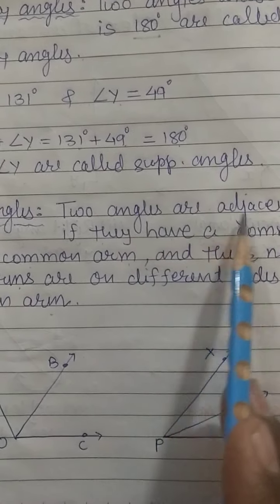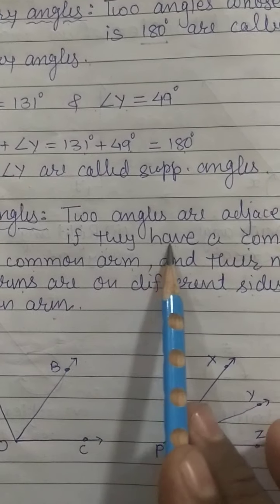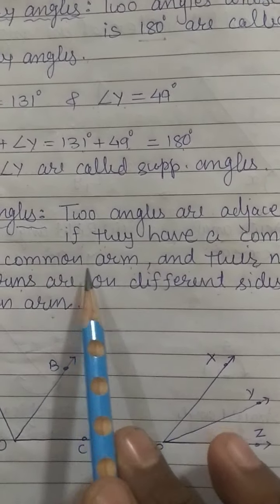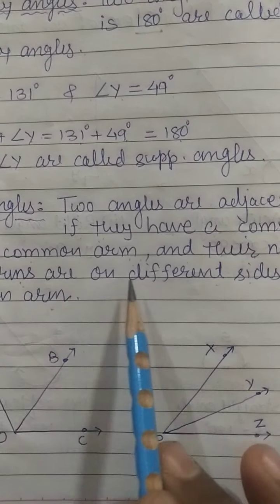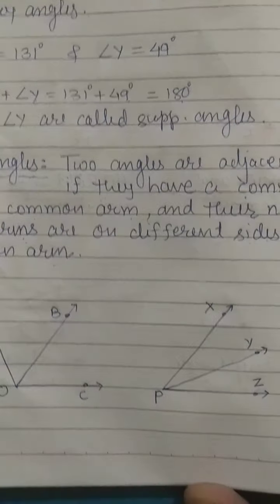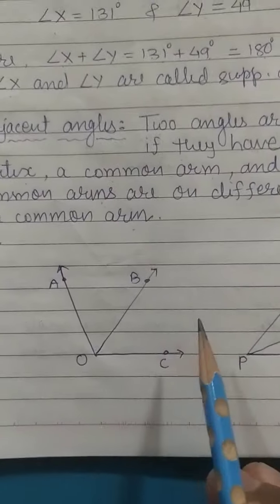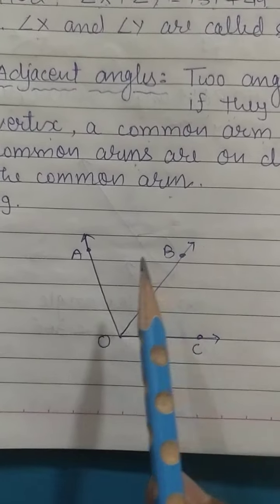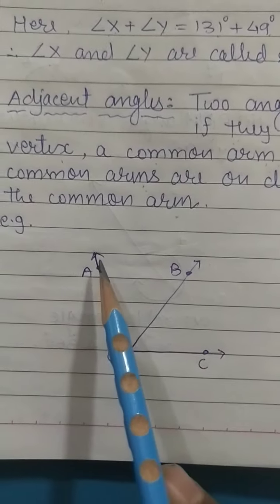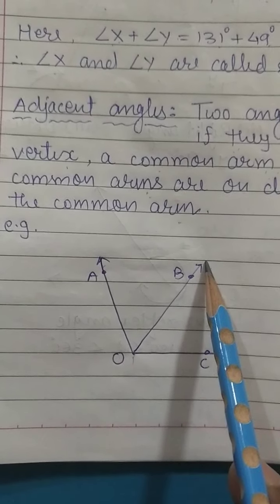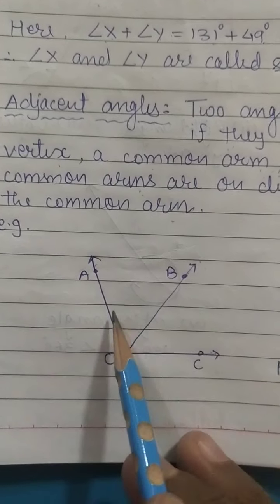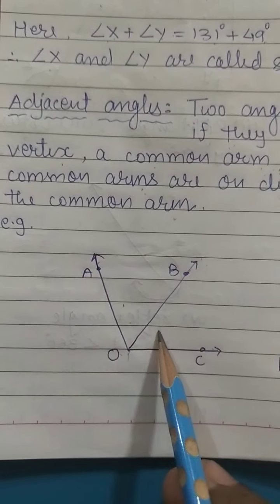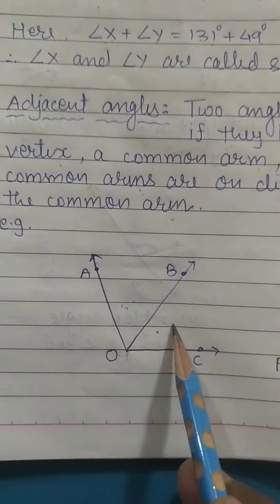Again, two angles are adjacent if they have a common vertex, a common arm, and their non-common arms are on different sides of the common arm. Let us check some examples here. Angle AOB and angle BOC both are said to be adjacent angles, right?